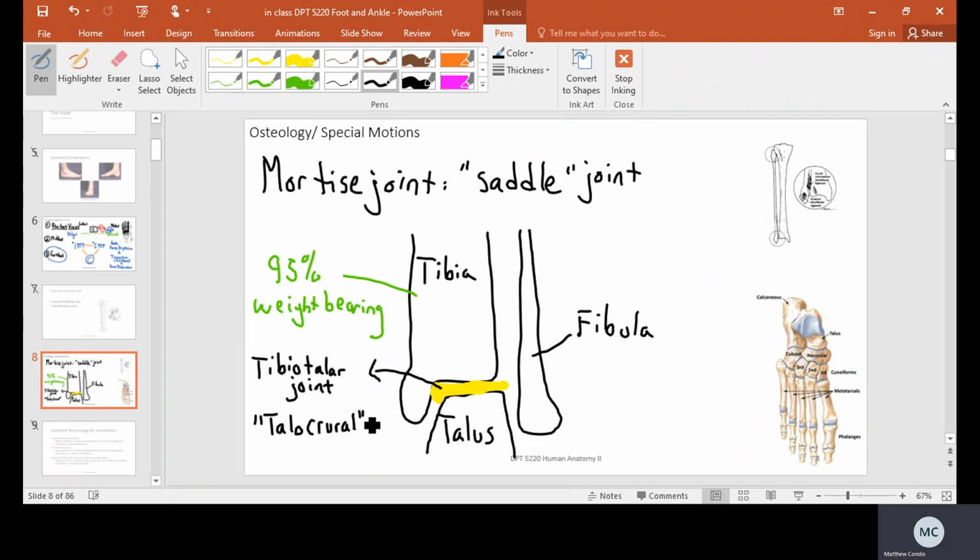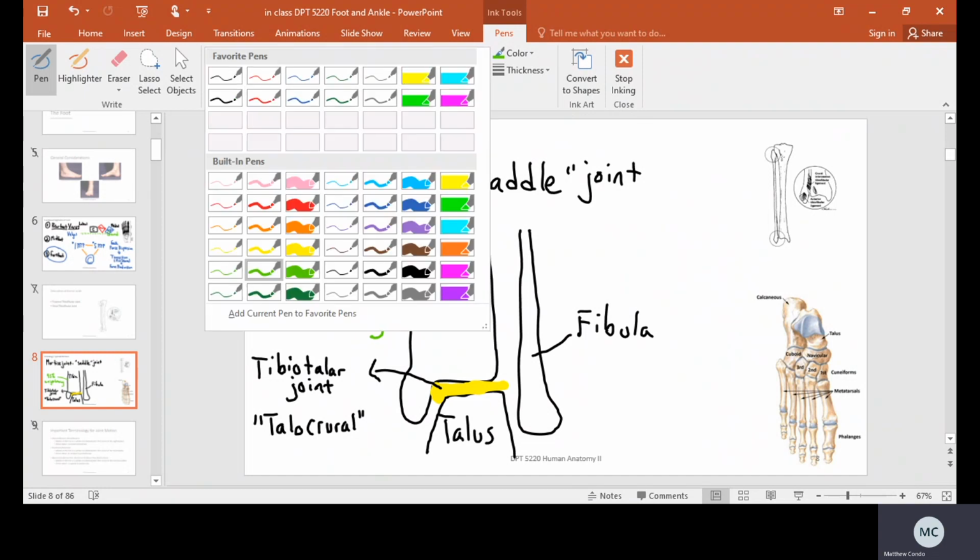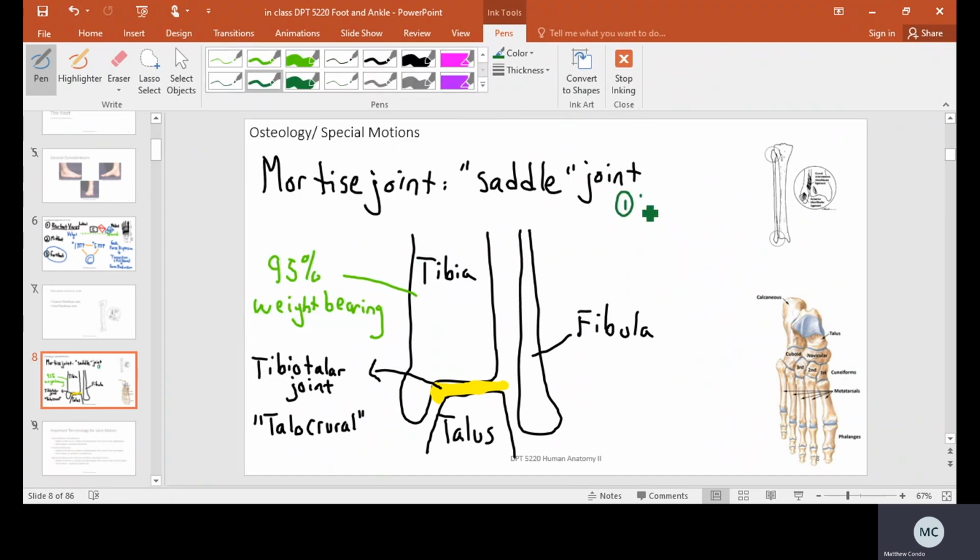At my tibio-talar joint, I'm going to see, in a different color here, dorsiflexion, plantar flexion, inversion, and eversion. So those are going to be my main motions happening at the tibio-talar or talocrural joint.